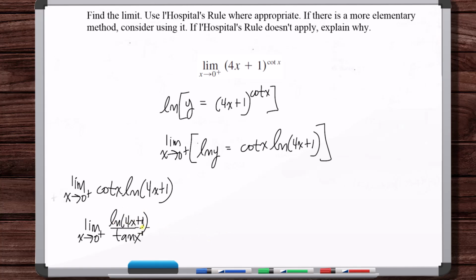Okay, so plugging in 0, tangent 0 is 0. Natural log of 1 is 0. So this is an indeterminate form of the form 0 over 0. So this is equal to, using L'Hopital's rule, 1 over 4x plus 1, and then times the derivative of 4x plus 1.